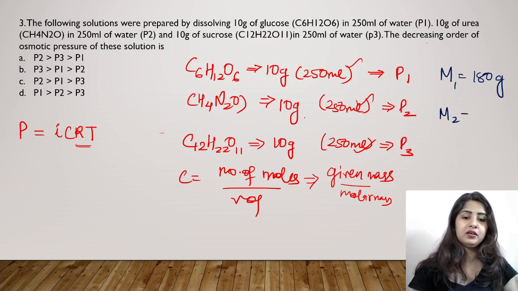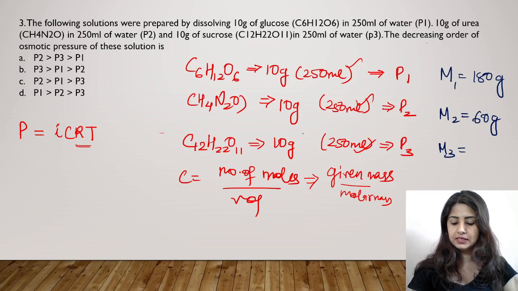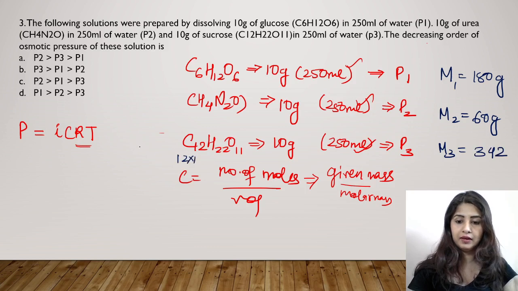M2 for urea is 60 grams, and M3 for sucrose is around 342 gram. If you calculate 12 into 12 plus 22 plus 11 into 16, this is how you do it. I hope you know it. They teach you in grade 9 only, right? So we have different molar masses.